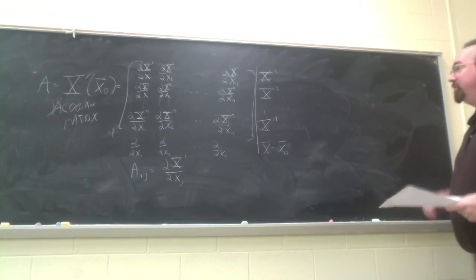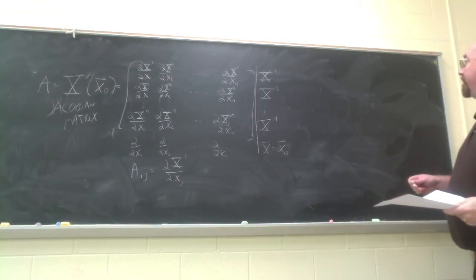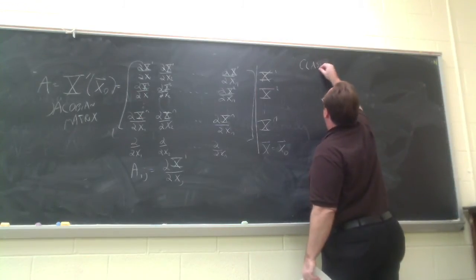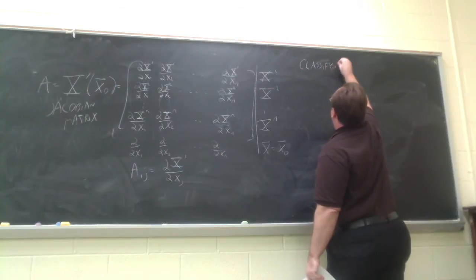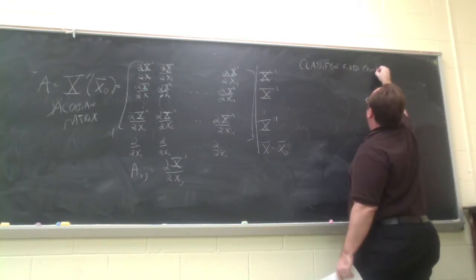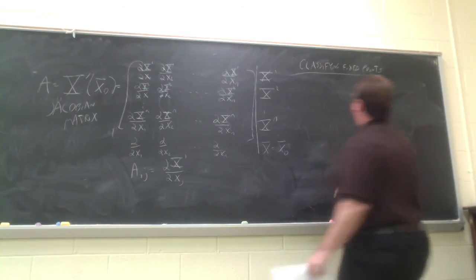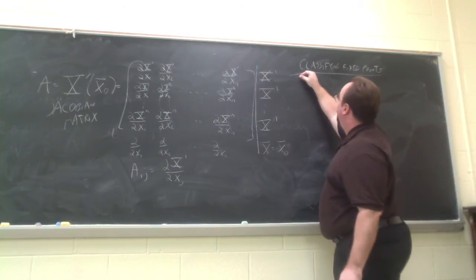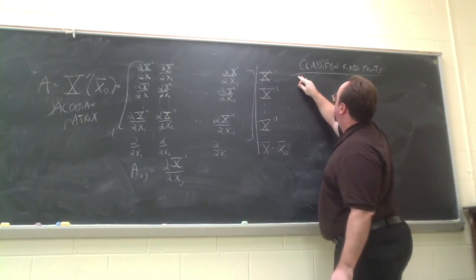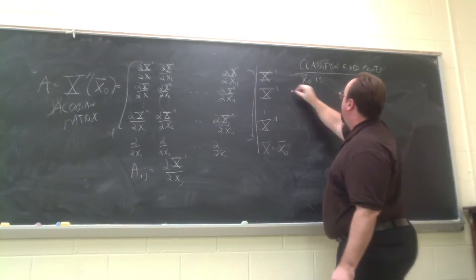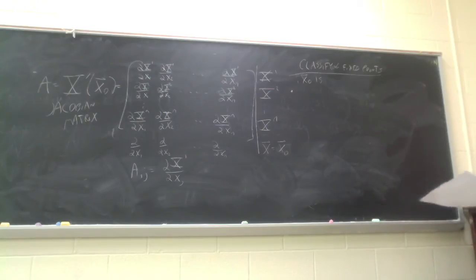So I need to introduce some terminology about the eigenvalues. This is about classifying fixed points. The fixed point x naught can fall into these categories, and in some cases there's overlap.